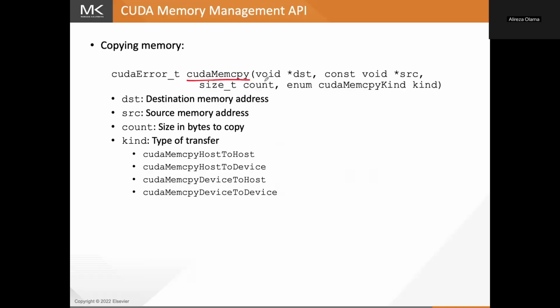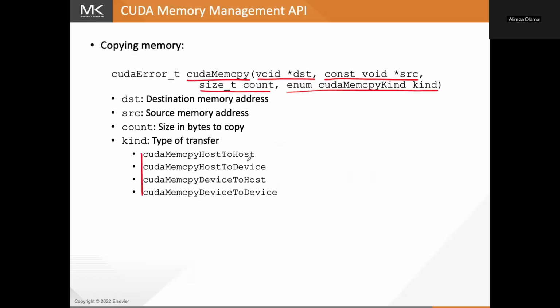The first argument is the destination pointer, the pointer that you want to send the data to. The next is the source pointer that you want to copy data from. Then the size of data, and also an enum data type, which shows the kind of transfer: CPU to GPU, GPU to CPU, CPU to CPU, or GPU to GPU. So you basically have four kinds of transfer.